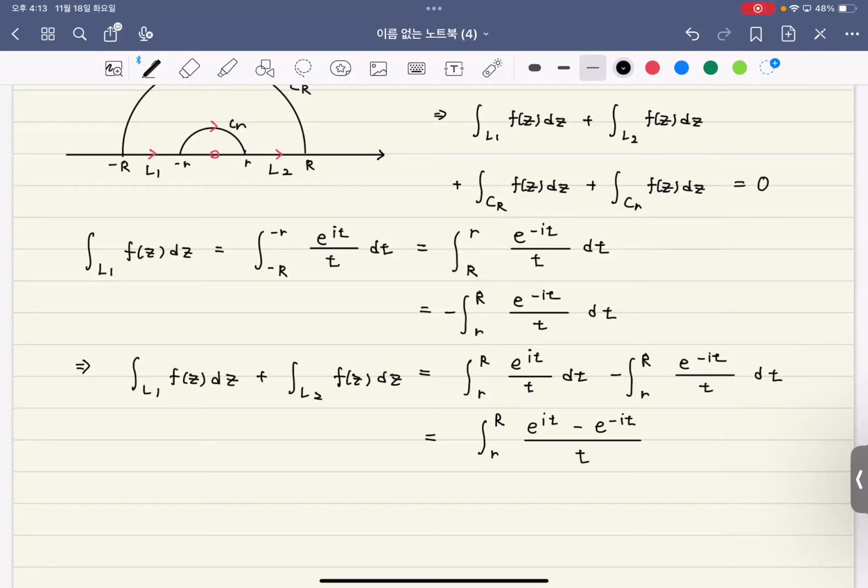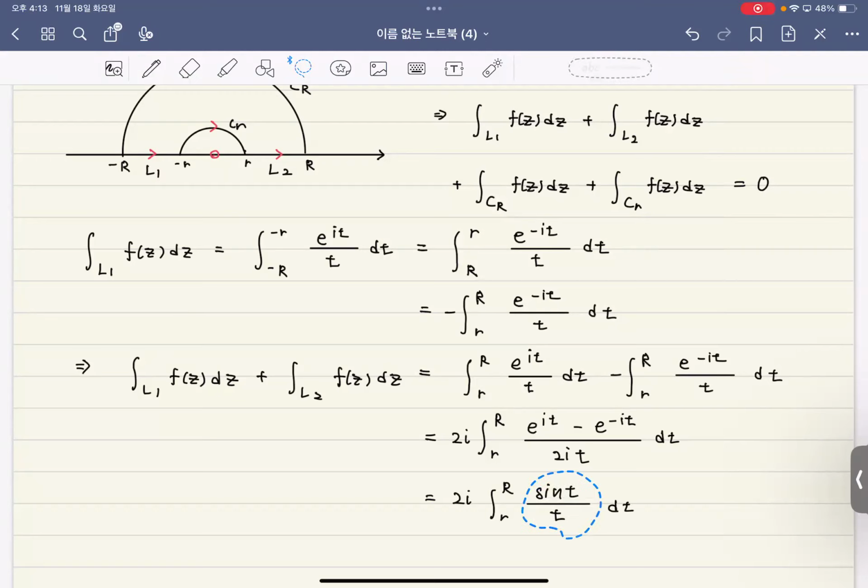This reminds me of some trig function. So which trig function? If I divide by 2i and multiply by 2i, and also everything dt, then this is 2 times i times the sine of t, everything divided by t, and dt.